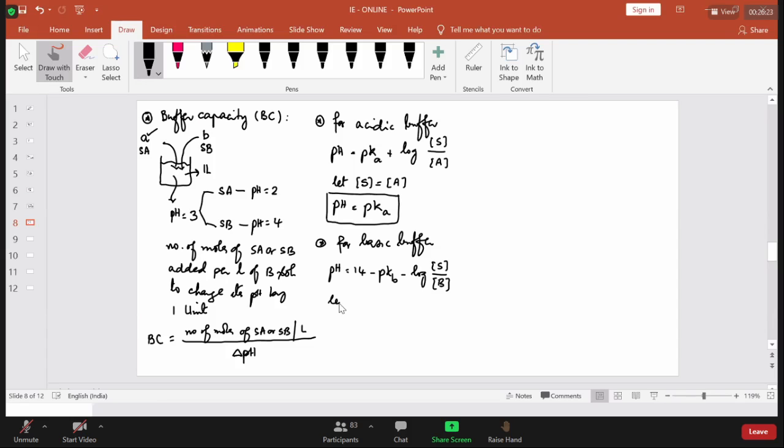Let the concentration of salt be equal to the concentration of base. This implies pH is equal to 14 minus pKb. That is the situation where you can say, yes, sir, we are having maximum buffer capacity.